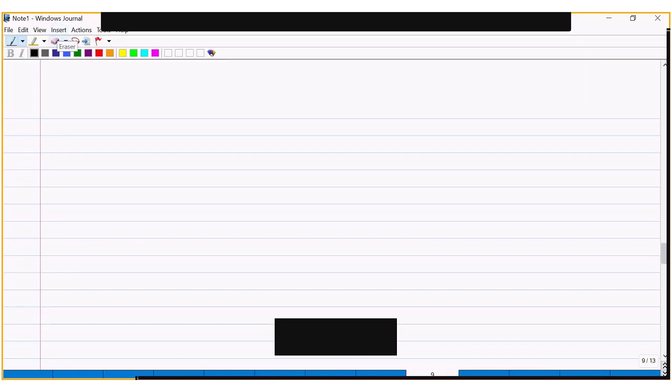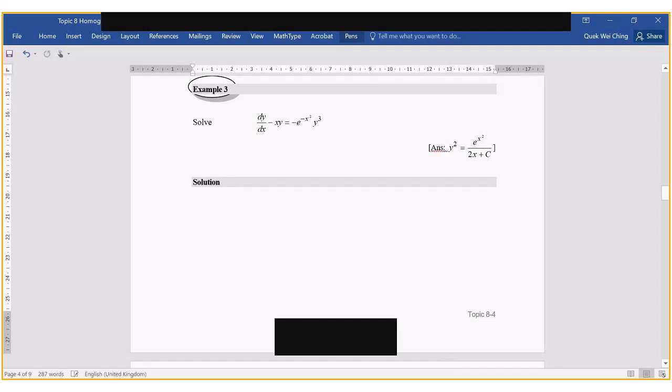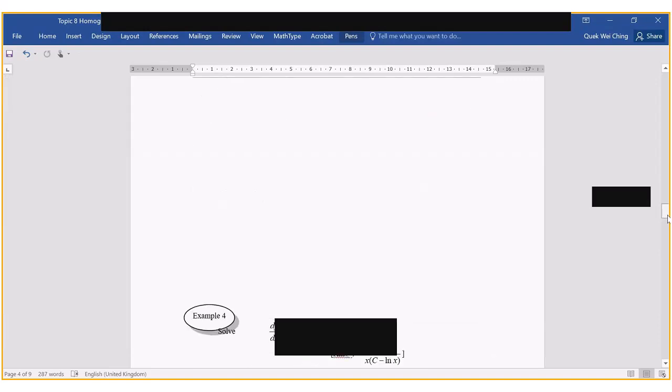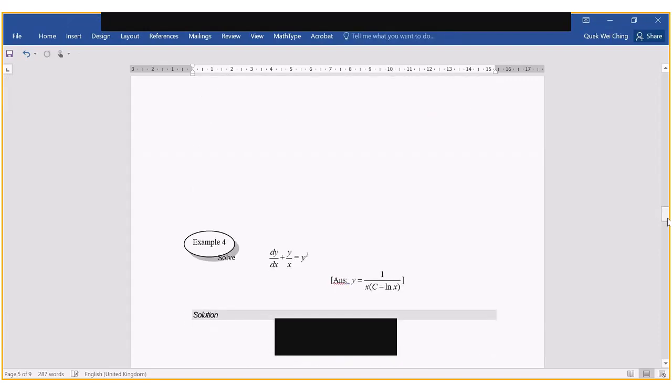So look at example 4. Is it easier? It has a similar pattern. Alright, example 4.